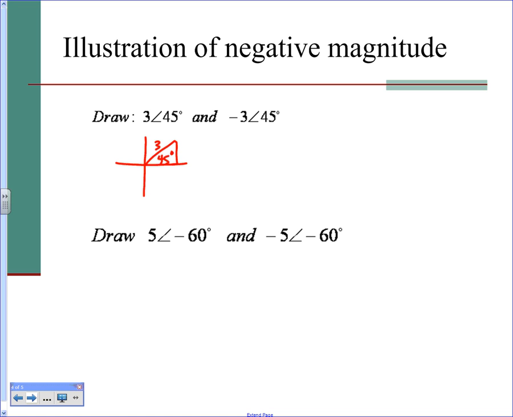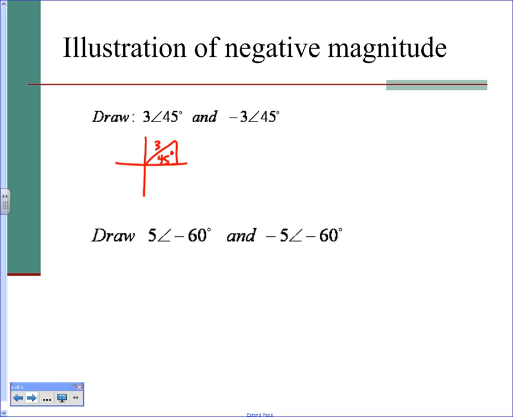Okay, what about negative 3 at 45 degrees? Go left. I would think it's like opposite, right? Okay, then go draw it. I don't know what you mean by complete opposite. So just go draw it.